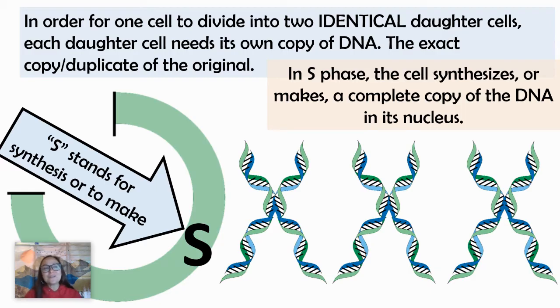And so here, when you see this X shape, these are 2 strands of DNA that are exact copies of each other. The only reason they wouldn't be exact is if there were mutations. So when we talk about mutations, these are basically mistakes that happen when DNA is replicated. So mutations would happen here in S phase.